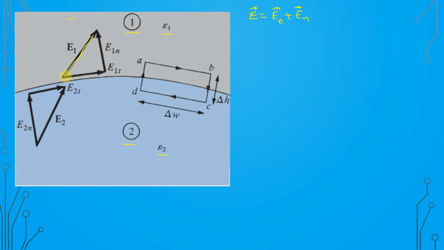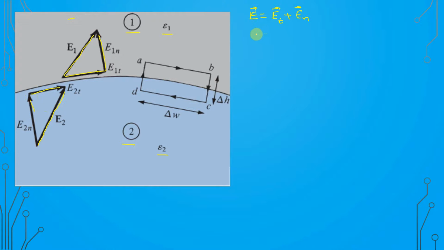This is the vector sum of this E1T tangential component in this medium and normal component in this medium. Similarly, in the second medium, this will be equal to E2, and this E2 is the vector sum of this tangential component and normal component.